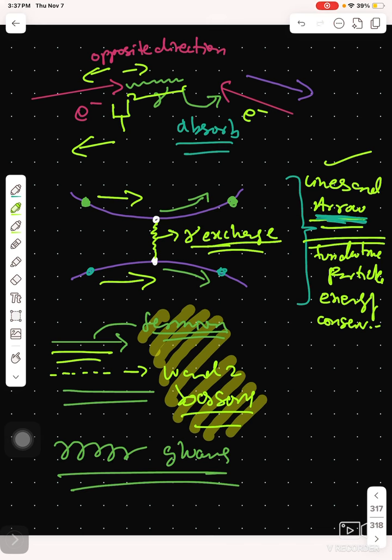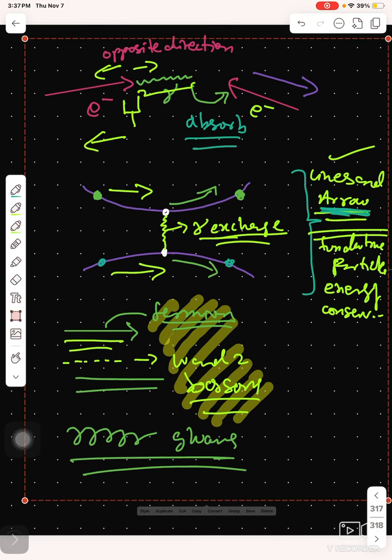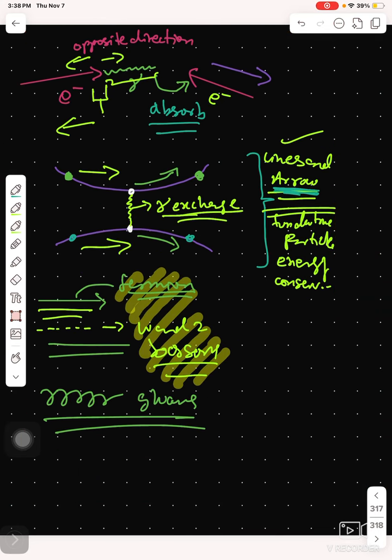What I mean by their direction matters is, if I draw a space-time graph, this is time and this is space.